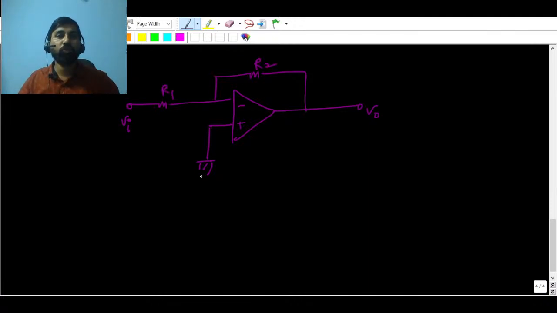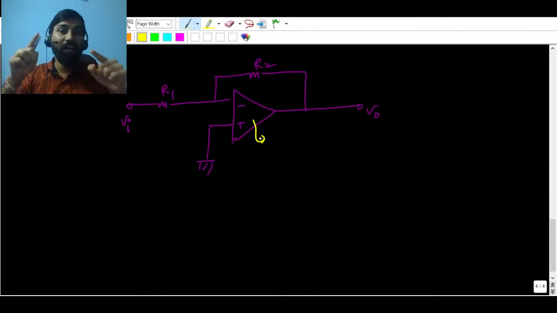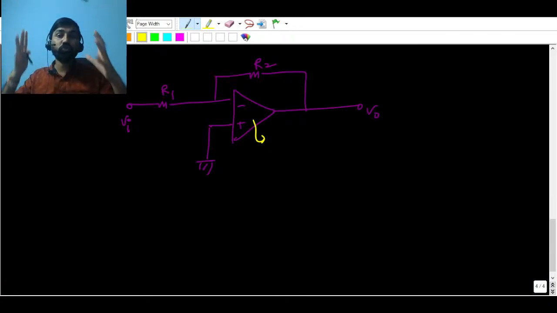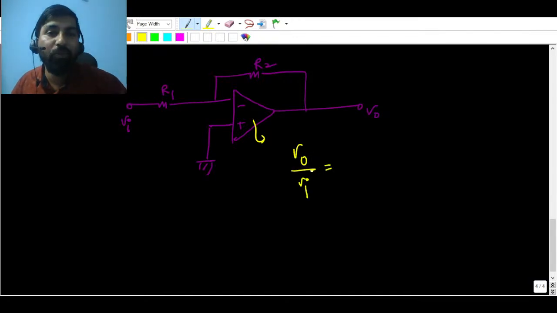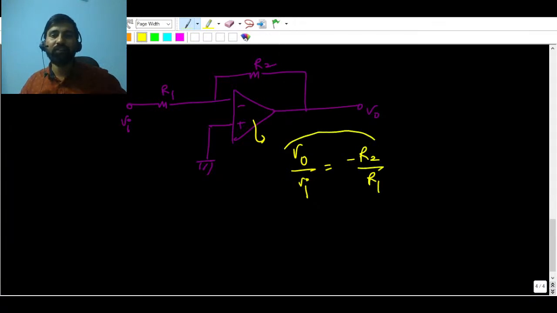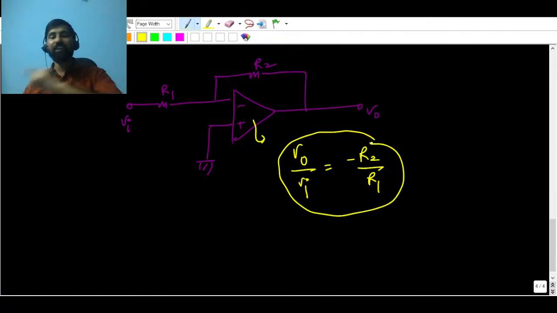What can be the overall gain of this amplifier? We consider the op amp ideal with huge gain, 10 raised to power 6, a 1 million gain. The overall gain will depend on the resistances connected around it, so it is going to be minus R2 by R1. This is the gain for the inverting amplifier, we know.